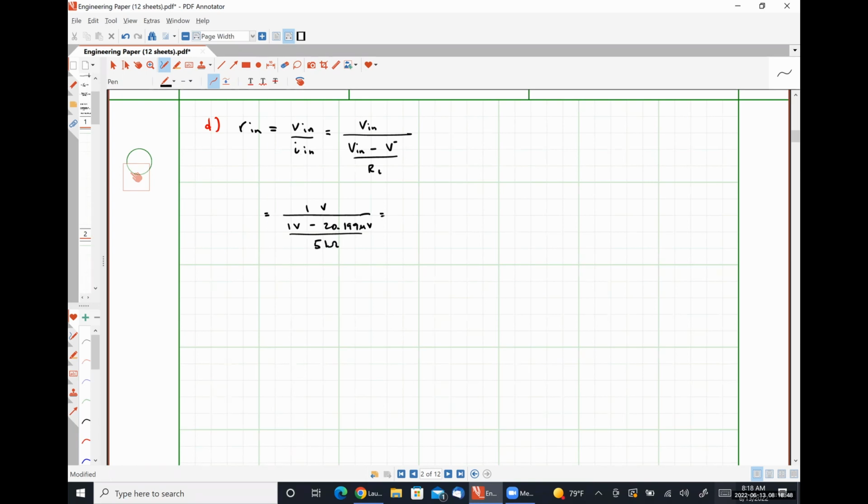And it comes out to be 5,000.100997 ohms, or approximately 5 kilo ohms, which means the input resistance, yes.